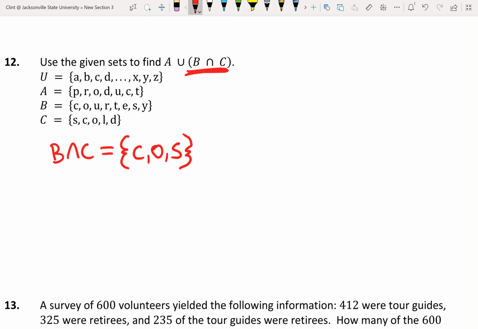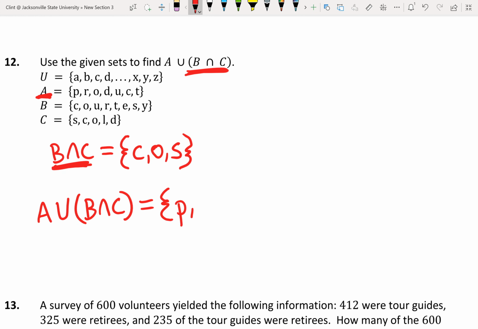So now we're going to take this new set and we're going to do the union of that set with A. So we're doing the union of A with this new set we just made, B intersect C. Okay, so we're looking at A, and we're looking at B intersect C, and we're going to do the union.